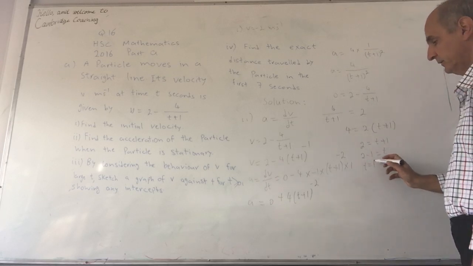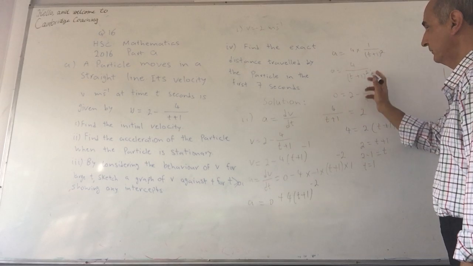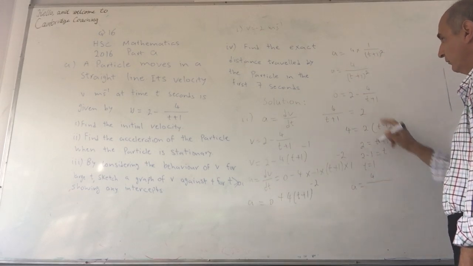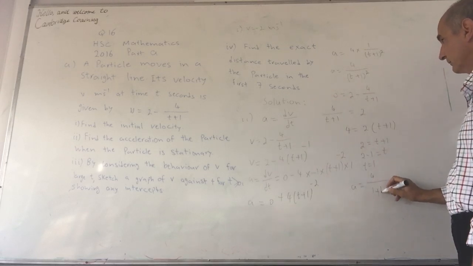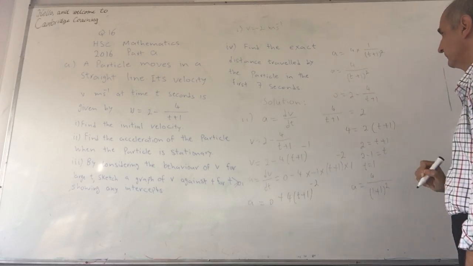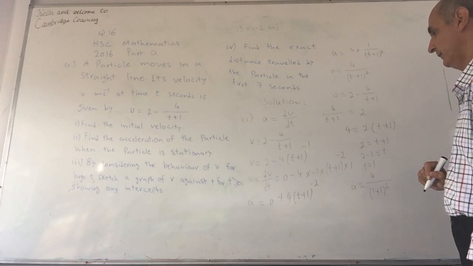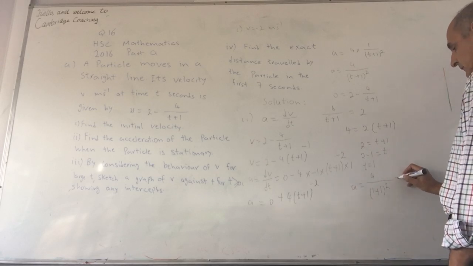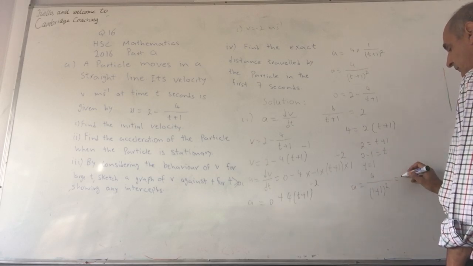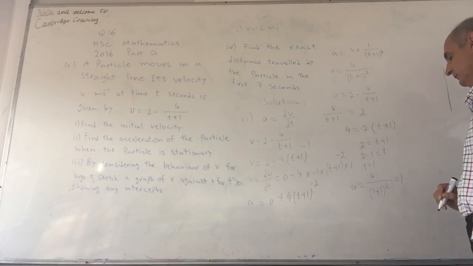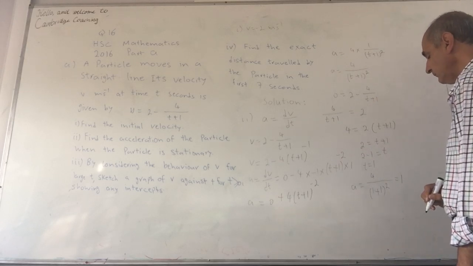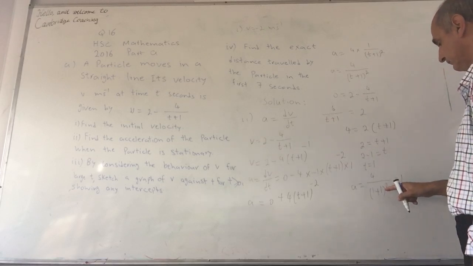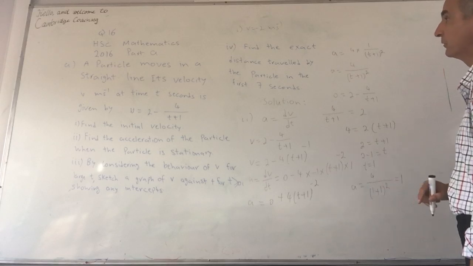Now I substitute that t equal to 1 into the expression for acceleration. So acceleration is equal to 4 over t, which is 1 plus 1 squared. And I end up with, that becomes 2 squared, 4 over 4 is 1.